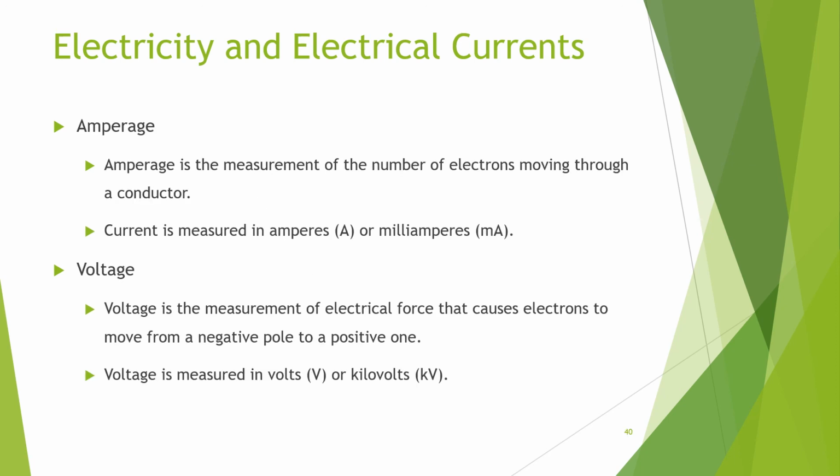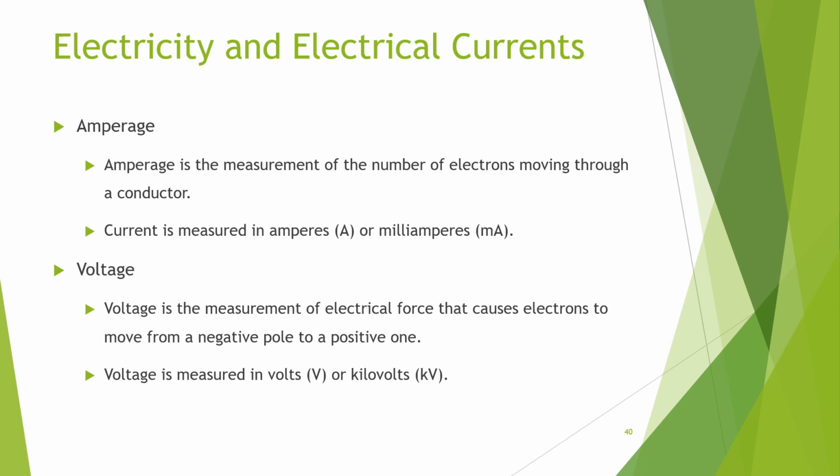Amperage is the measurement of the number of electrons moving through the conductor. Current is measured in amperes or milliamperes. Voltage is the measurement of electrical force that causes electrons to move from a negative pole to a positive one. Voltage is measured in volts or kilovolts.